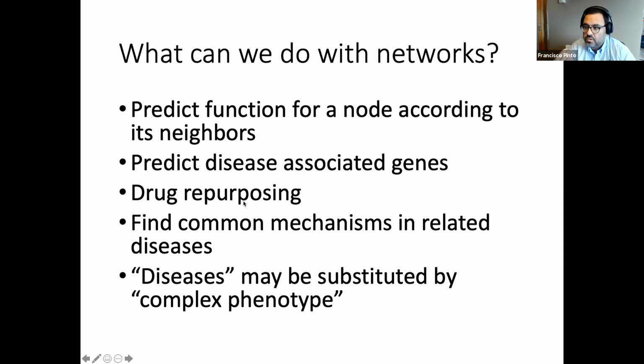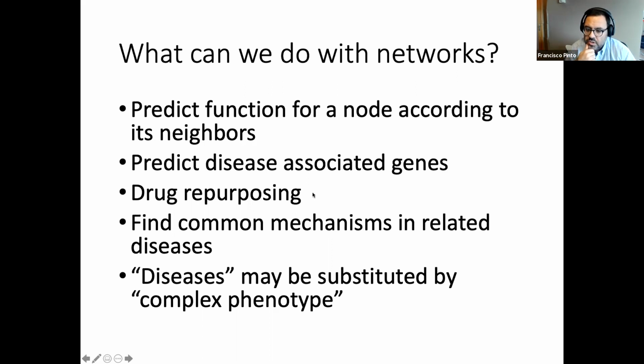But if we find using network data that that drug target is also very well connected with genes associated with a different disease, maybe we can propose that that drug can be applied to a different disease than the one for which it was originally developed. So we have 2 different diseases that have some phenotypic similarities. Can we find the nodes in the network that are responsible for that phenotypic similarity?